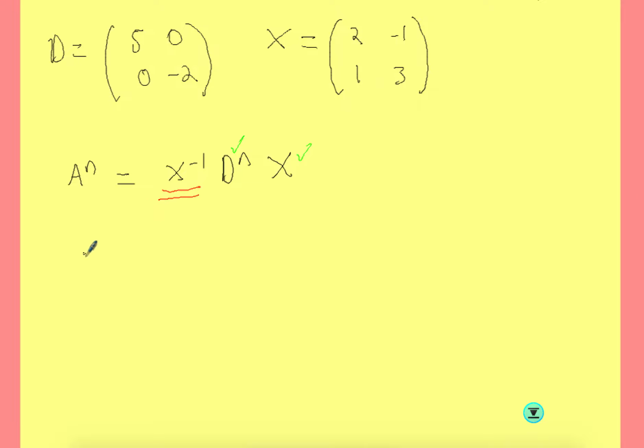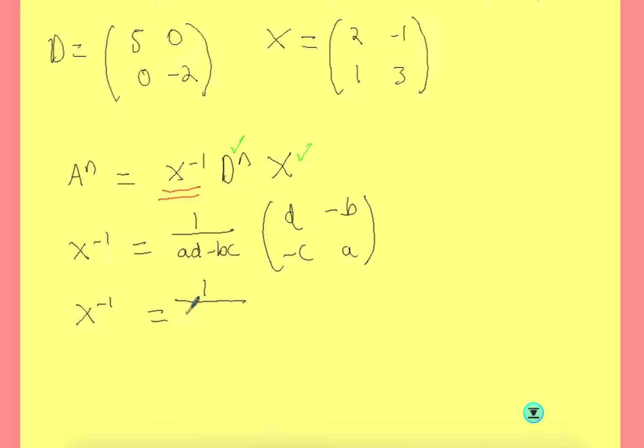So X inverse is just going to be 1 over, and I'll just write down the formula so we remember it for a 2 by 2. 1 over AD take away BC, D minus B minus C A. Right, that's the formula for a 2 by 2 matrix inverse. So in this case, AD take away BC, that's 1 over 6 plus 1.